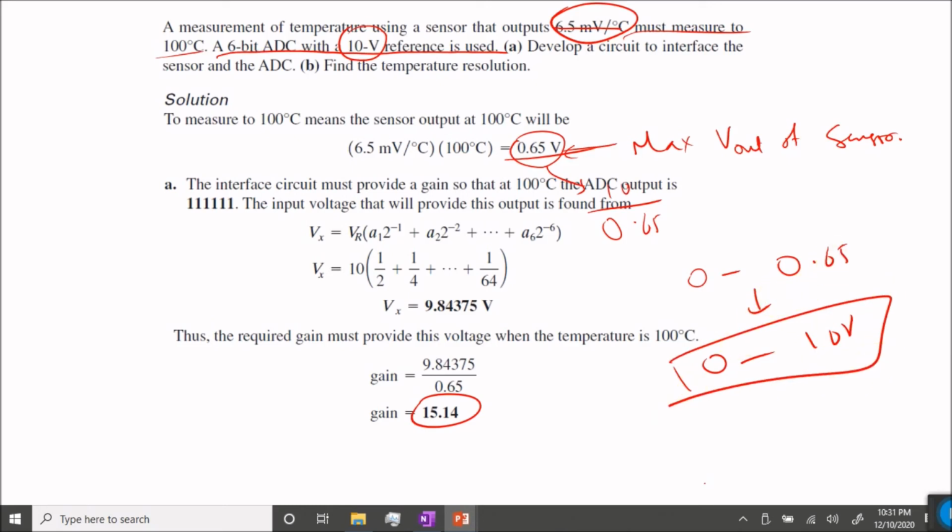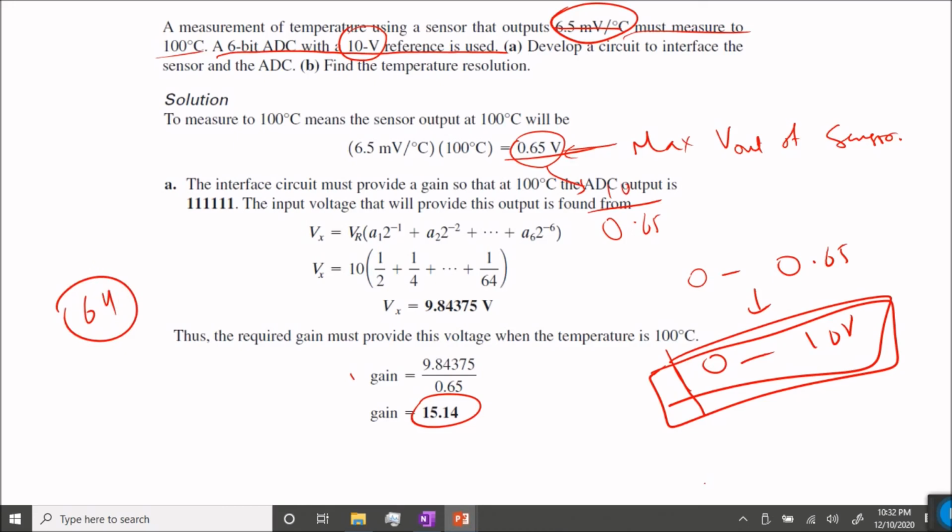If we do not give it this much gain, what's going to happen? What will be the consequences if we are not giving it a gain and we are not converting it to this voltage level? Let's find out. It's a 6-bit ADC, right? So its maximum digital value is 2 raised to the power 6, and that is 64.